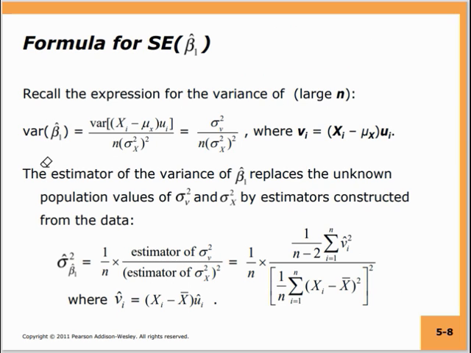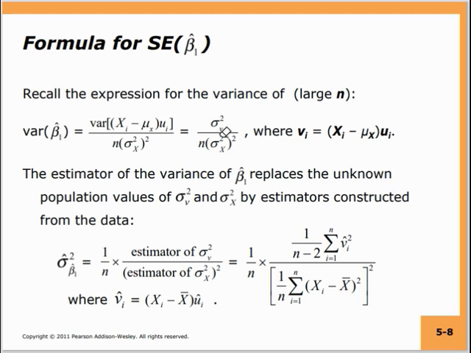We have said that in large samples, the variance of beta 1 hat is given by this complicated looking formula, where the numerator is the variance of (xi minus mu x) multiplied by ui, divided by n times the variance of x whole square.